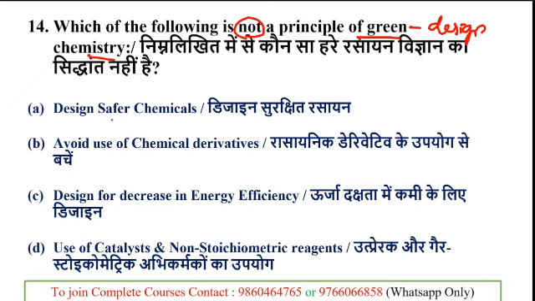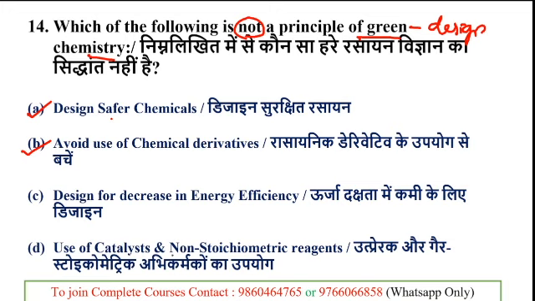So the options here: design safer chemicals. Safer chemicals do not cause any pollution to the environment, so that is right. And avoid use of chemical derivatives. That is also right. Avoidance means to not use the chemical derivatives. And the use of catalyst and non-stoichiometric reagents.